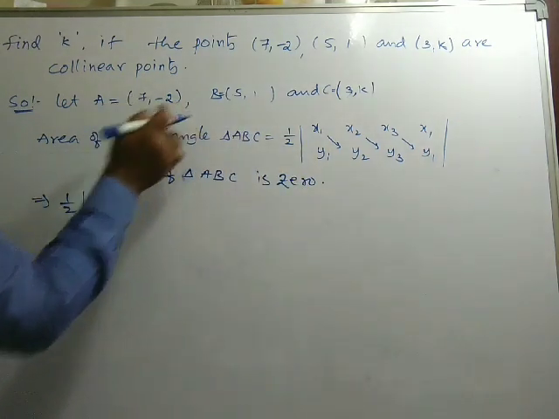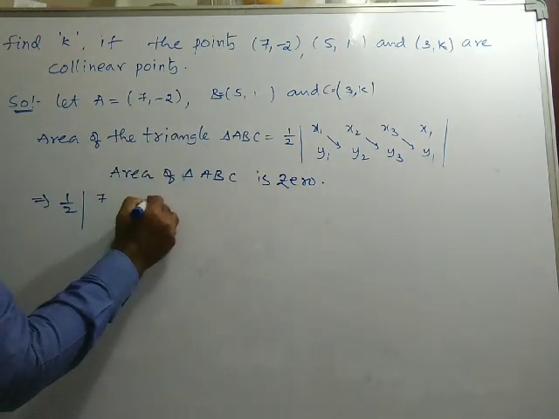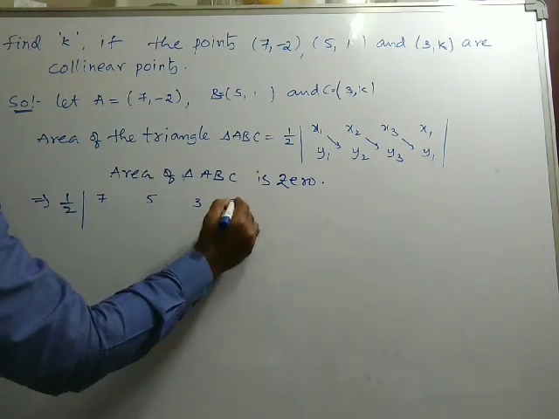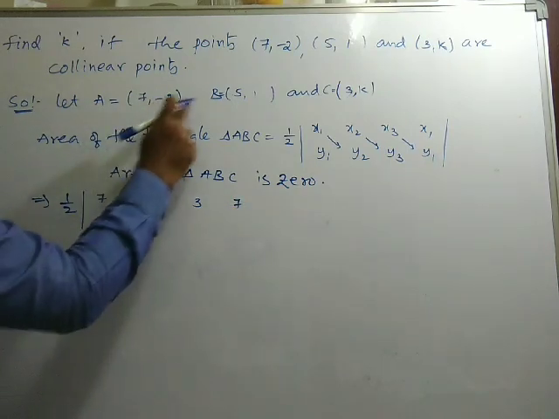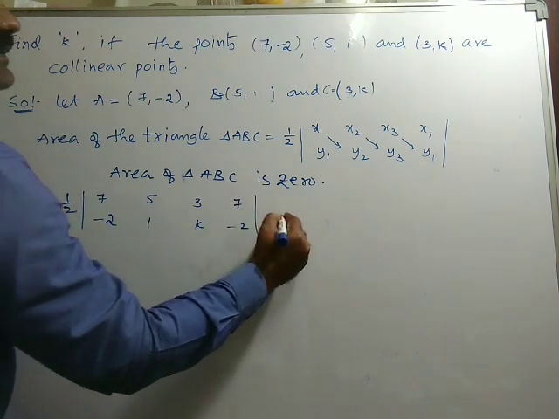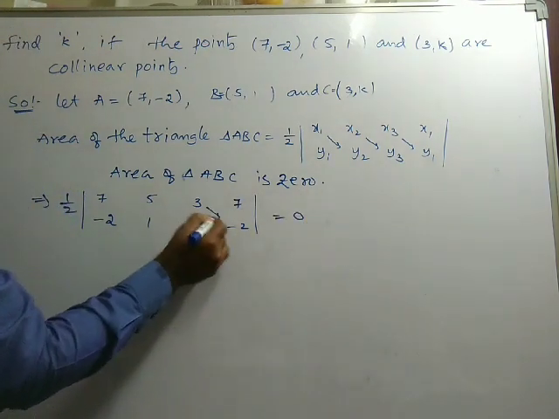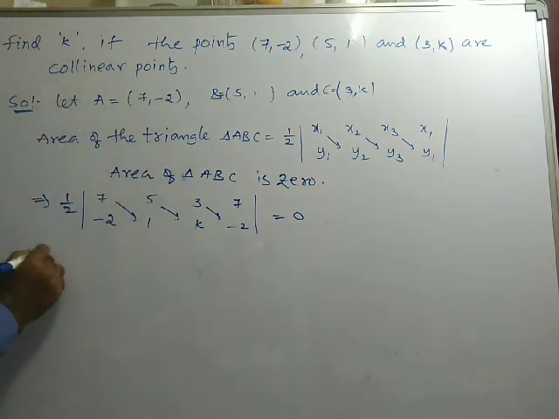So coming to substitution into the formula, let me substitute the x coordinates 7, 5, 3 and again 7, followed by y coordinates -2, 1, k and again -2. This time I can equate it to 0, because it is given that the points are collinear.